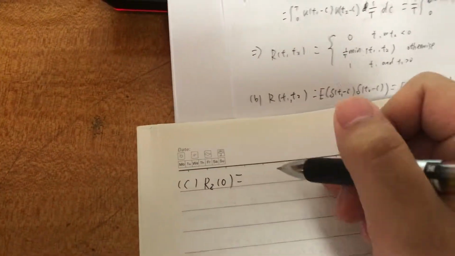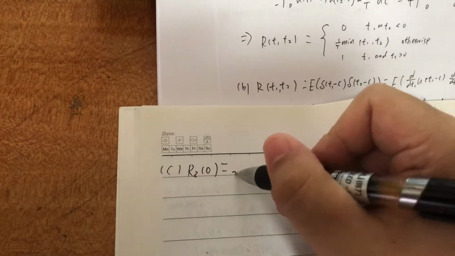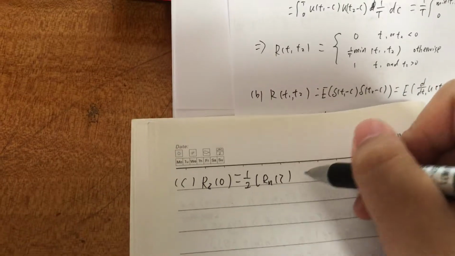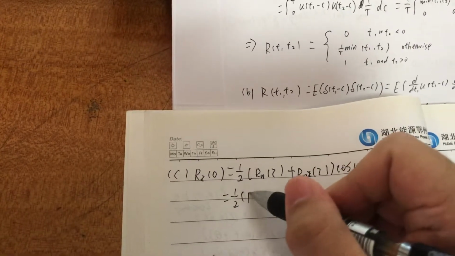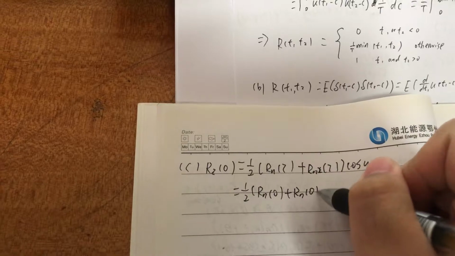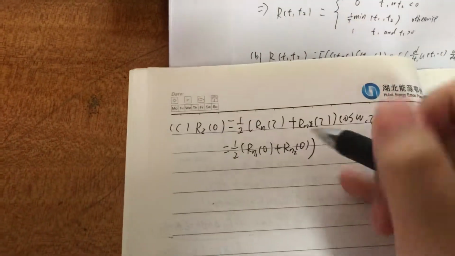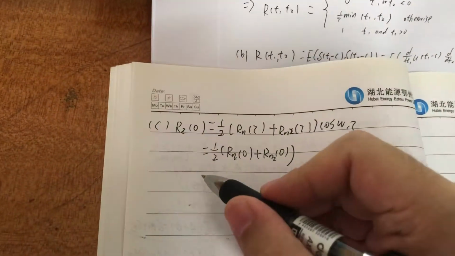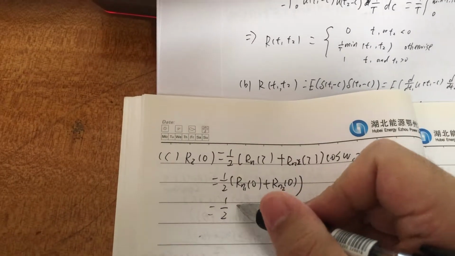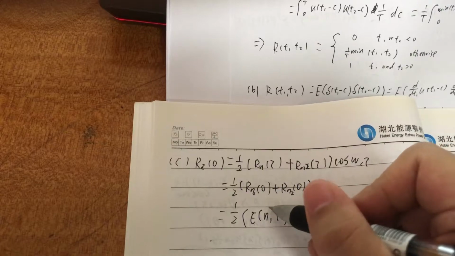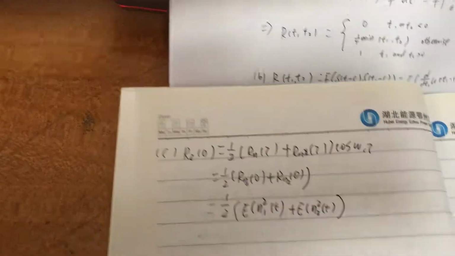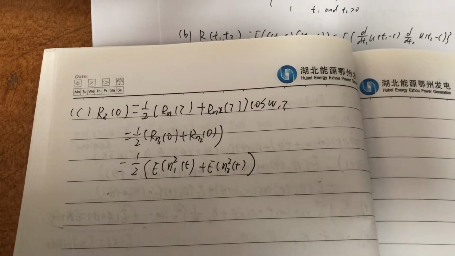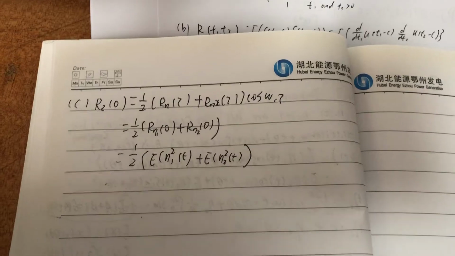For R_Z(0), we just plug in 0 to the answer of the above question: R_N1(tau) plus R_N2(tau) times cosine(wc tau). Plugging in 0 for tau, we get R_N1(0) plus R_N2(0), and because these are constants, we can transfer to the mean: E of N1 squared plus E of N2 squared. That's the function, and that is the answer of problem 7.